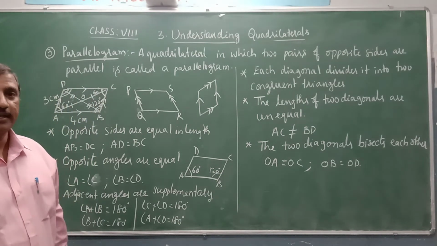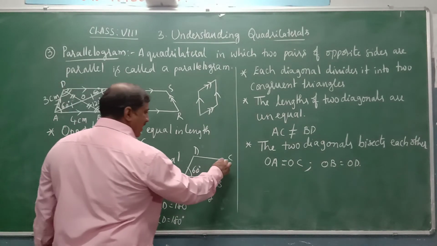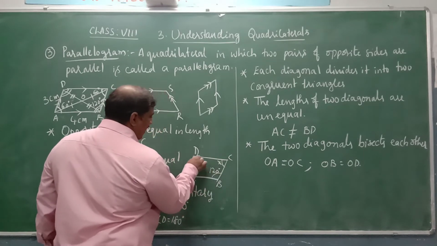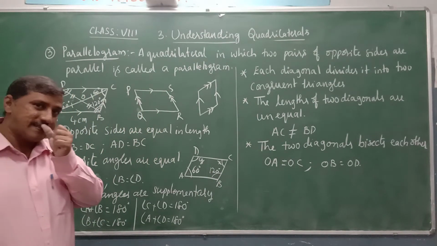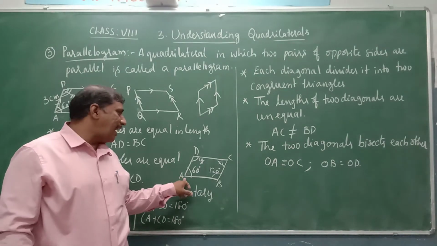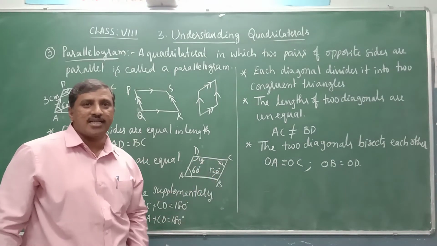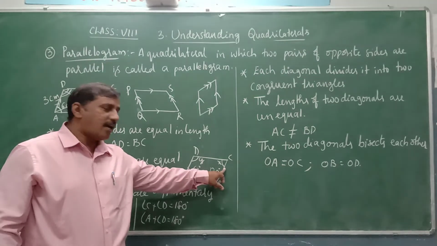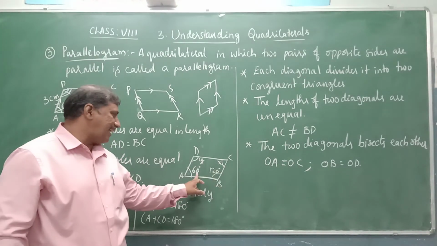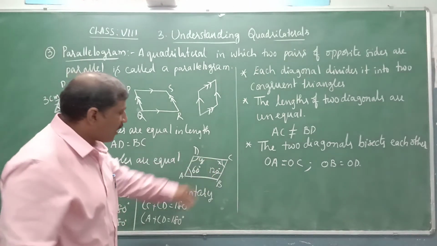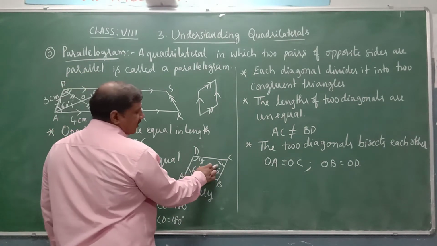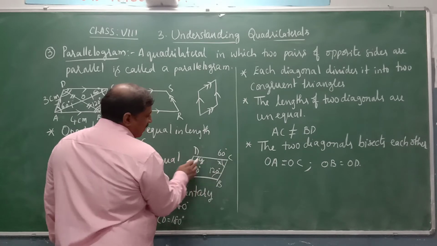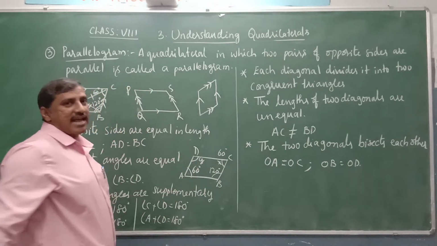And if angle C is given as X and angle D is given as Y, what is angle X? Yes, because angle A and angle C both are opposite angles, angle C is X degrees, which is equal to 60 degrees. That is X is equal to 60 degrees. And similarly B and D both are opposite angles.